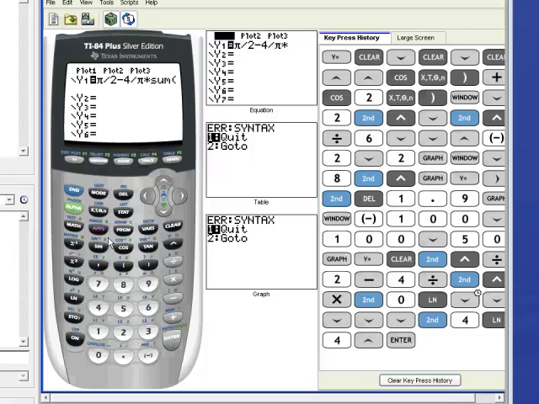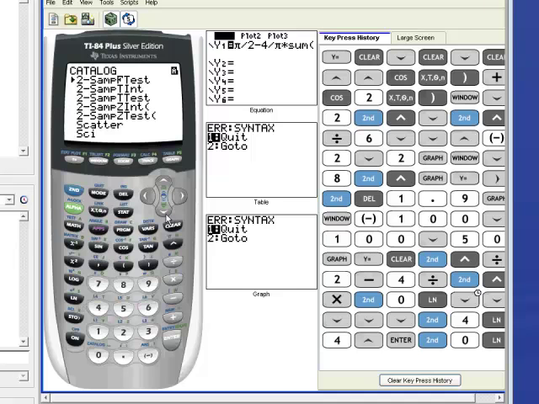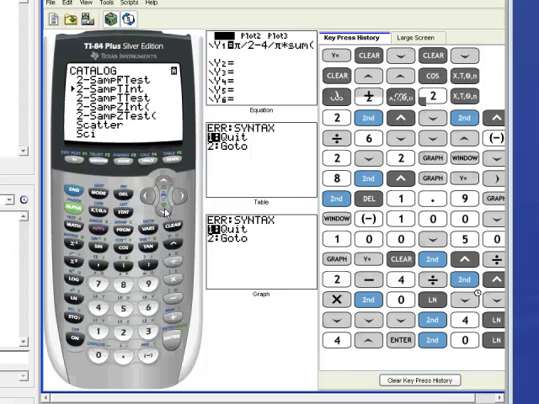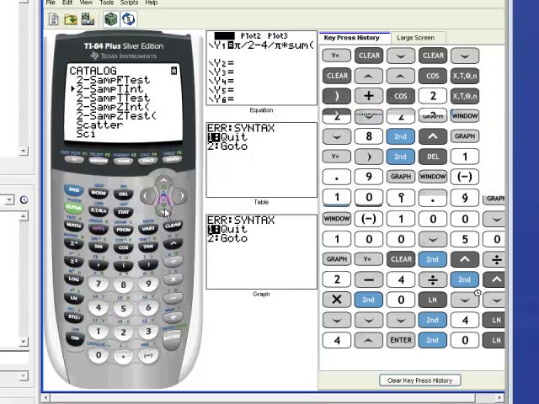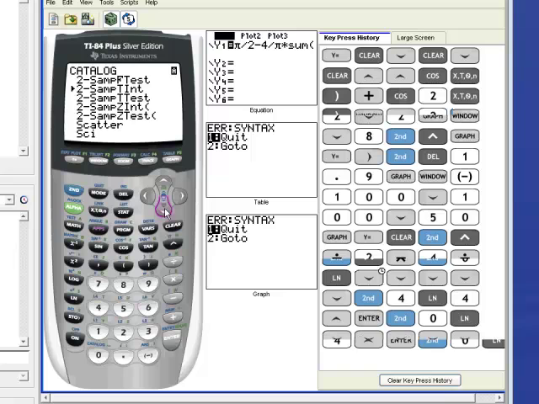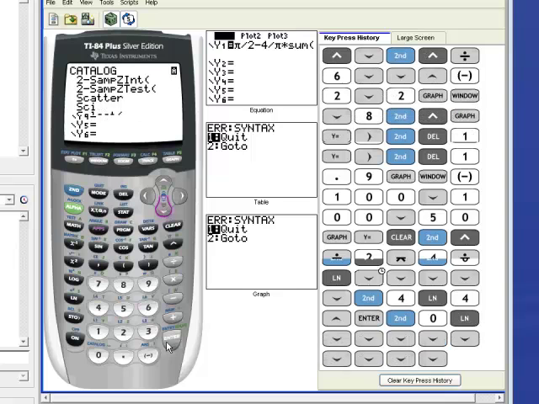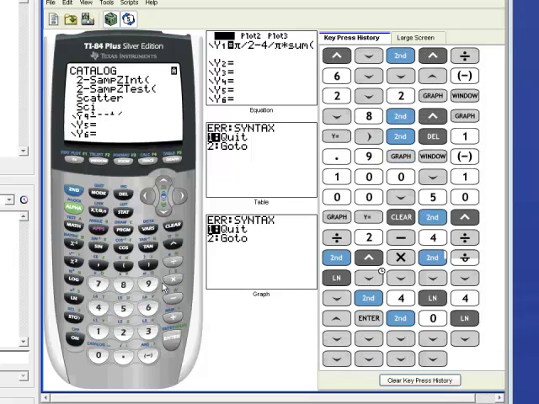So second catalog. You also find that elsewhere. I believe you find that under stat or math or something like that. But this one here is in the catalog. You find everything that the calculator has. And there's the sequence that I wanted. And now it opens parentheses for the cosine. So cosine of k, that's alpha k, where did it go?